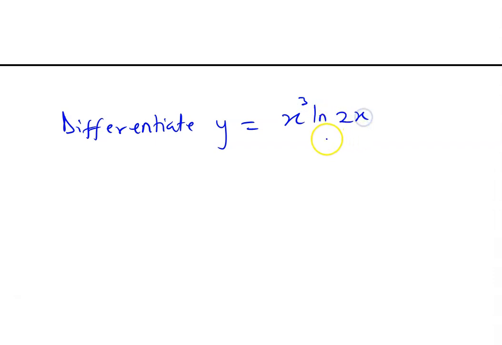Let's solve one last question, then we'll bring the lectures to a close. It says differentiate y equals x cubed, then 2x, all on x sine x.